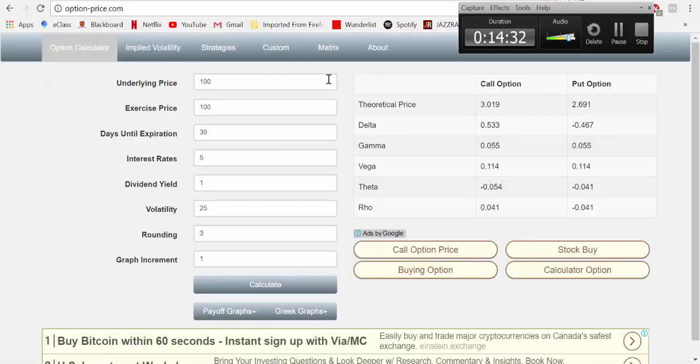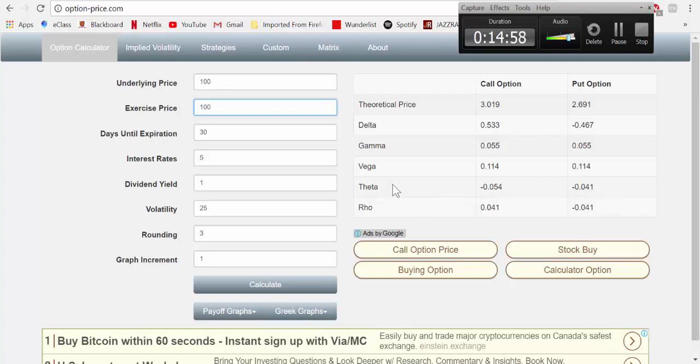We have gone through this very near the beginning, but here's a standard, good old-fashioned, boring at-the-money call or put with a strike at par. You can see there's a theta value over here, which is 0.054.